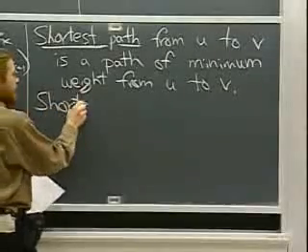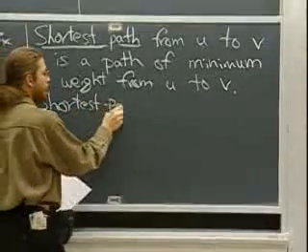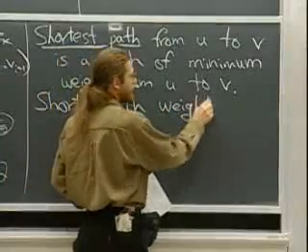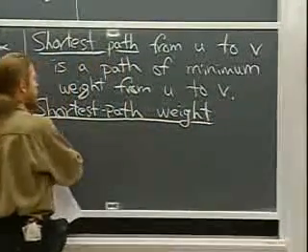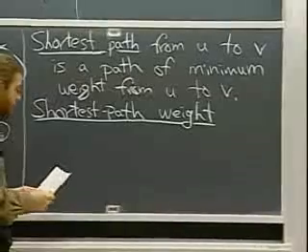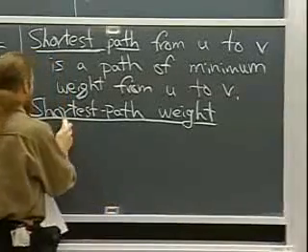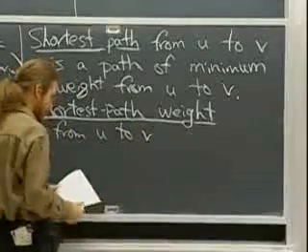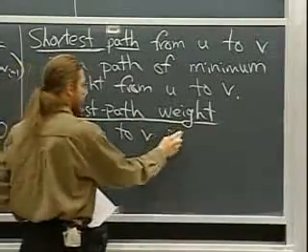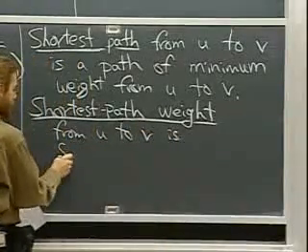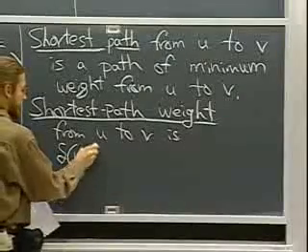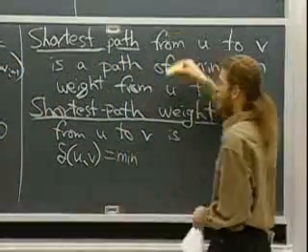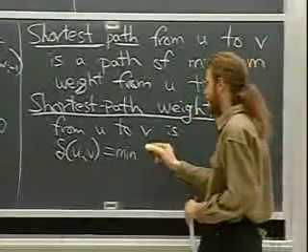We will usually think about a slightly simpler problem, which is just computing the weight of that path, which is essentially computing the distance from A to B. We'll call this the shortest path weight from U to V, and we'll denote it by delta of U V, little delta. It's the weight of the shortest path, or the weight of every shortest path.